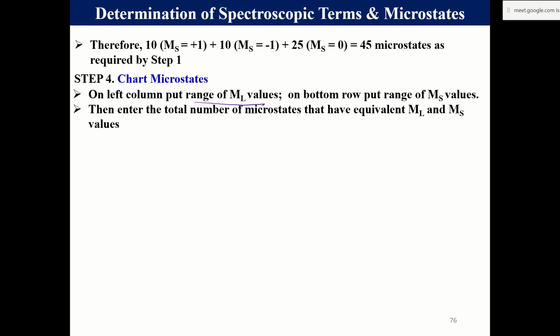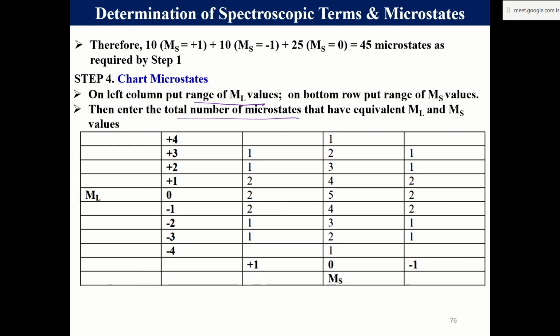ml values, chart out the microstates and then enter the total number of microstates having equivalent ml and ms. So after observing all those microstates, you summarize into a third table. So these are tables. You can go on writing, or the way I have told you, just prepare one table and get back to all the microstates.